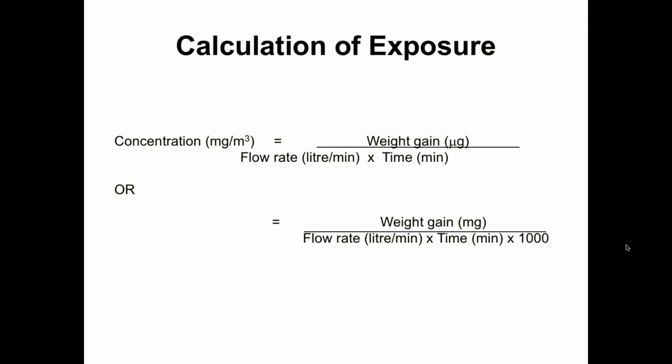So what you do then is you take the weight gain on your filter and subtract the weight difference in your blank. So if your weight gain was 150 micrograms, but your blank increased 2 micrograms, you would subtract those 2 micrograms from the 150 micrograms in your weight gain, because whatever happened to your blank probably also affected your sample, since you handled it exactly the same way.